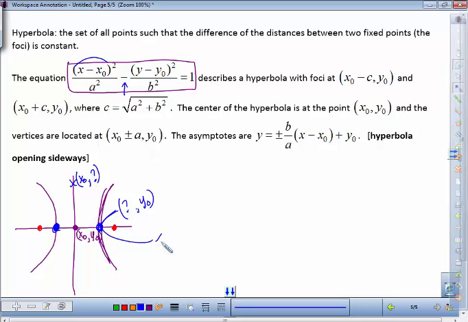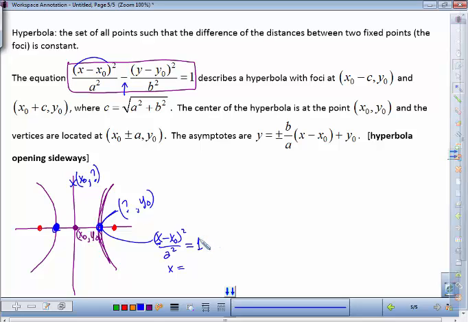So how would I find this question mark if I want this to equal a 1? I have x minus x naught quantity squared over a squared, and I made the other one disappear because I put y naught in for y. And so how do I solve for my x value here? x is equal to, I'll bring the a squared over to the other side.